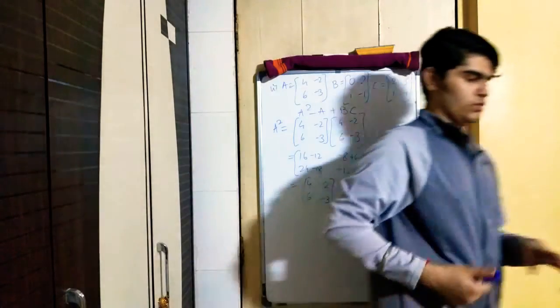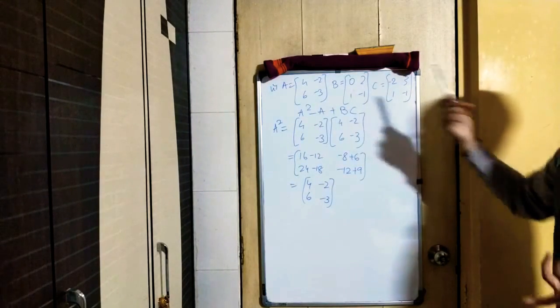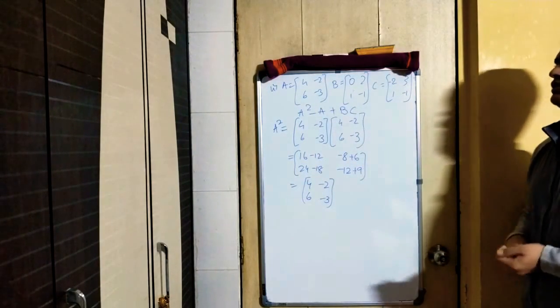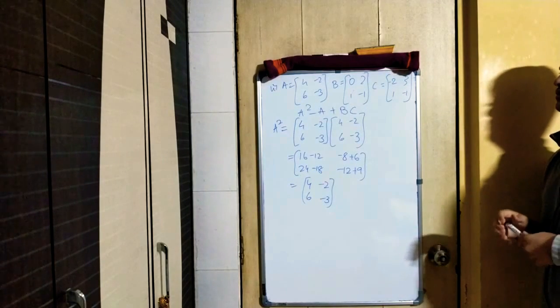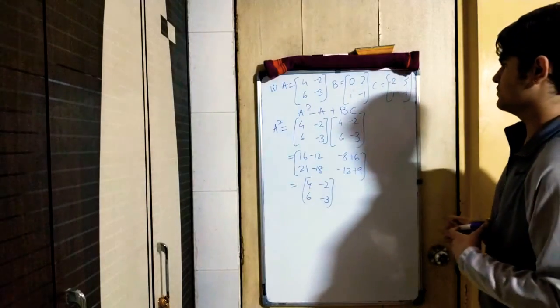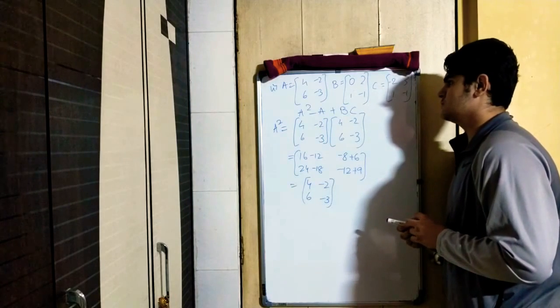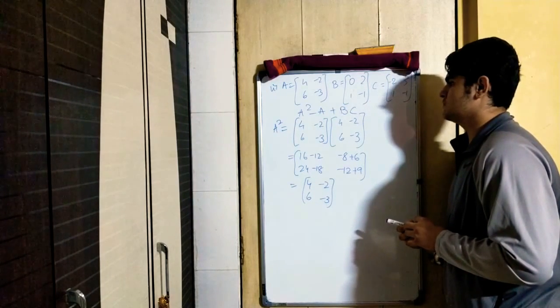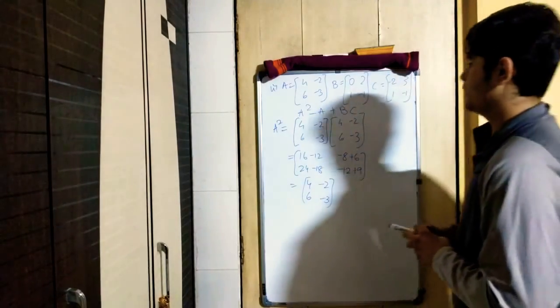So I hope you can copy it down. Then we'll solve BC. A is given to us. Then we'll complete the sum. I hope you have copied it.